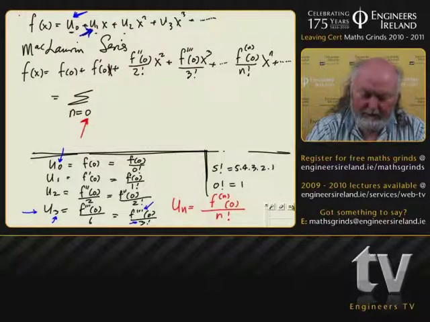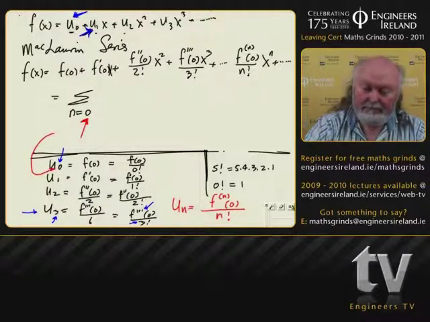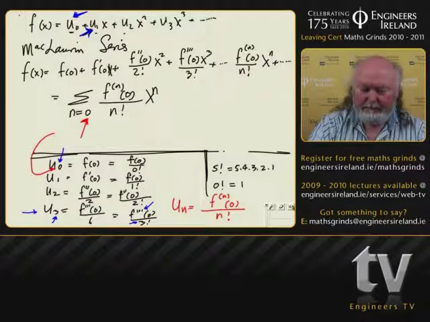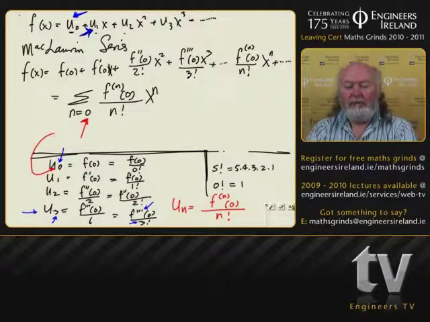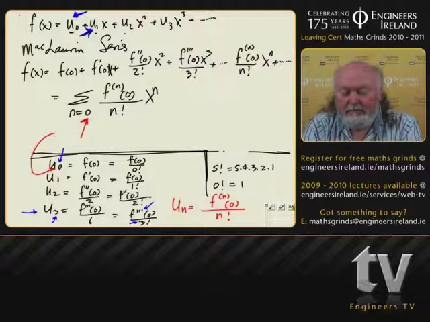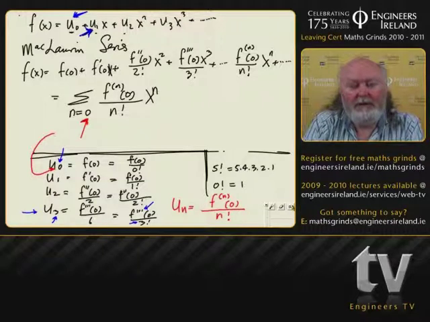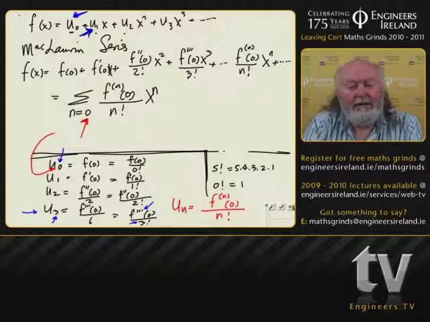Notice n equal to 0 because we have started with U0. We're going to play similar little tricks with this as we were playing in the ratio test.